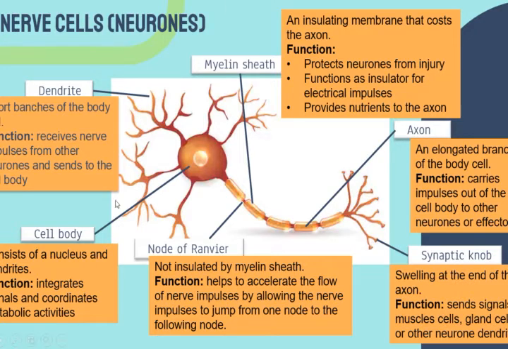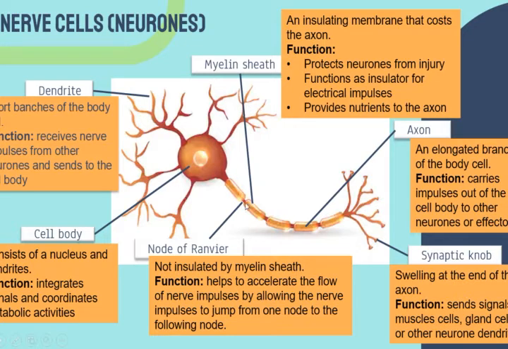Make sure you can remember the structure of the nerve cell, because I will use these terms to explain the types of neurons and also the transmission of the nerve impulse. This is the cell body. This is the dendrites.